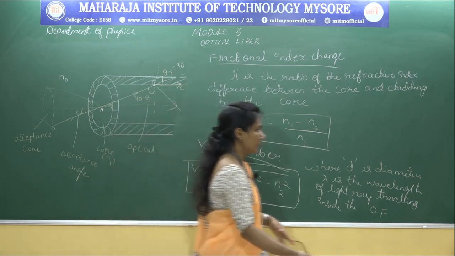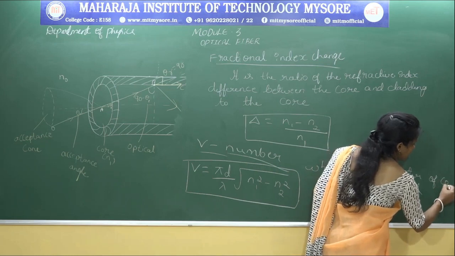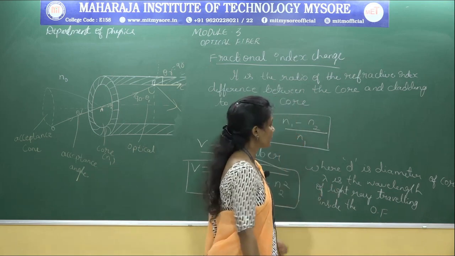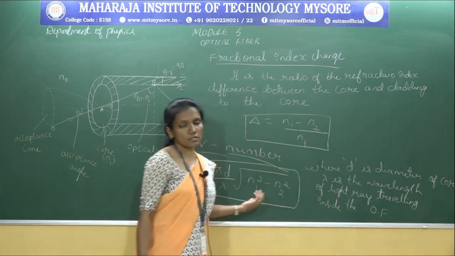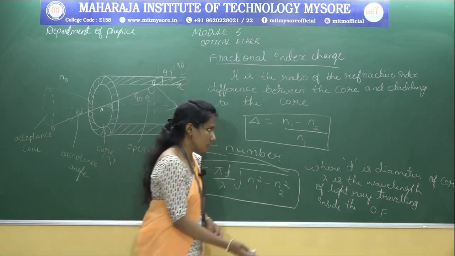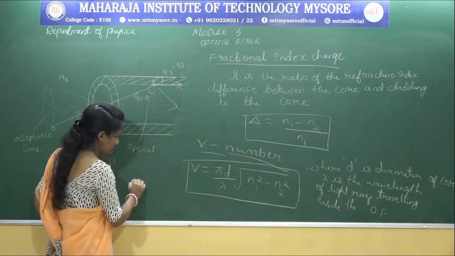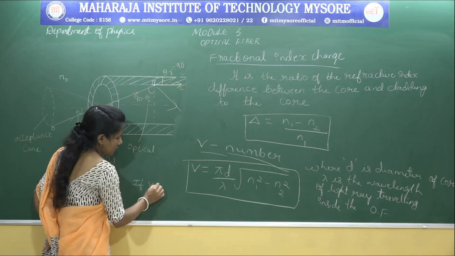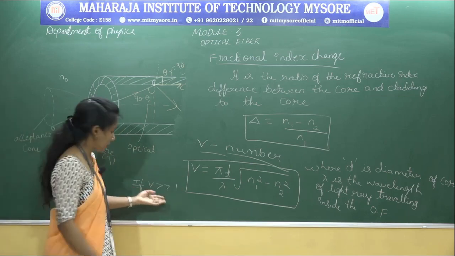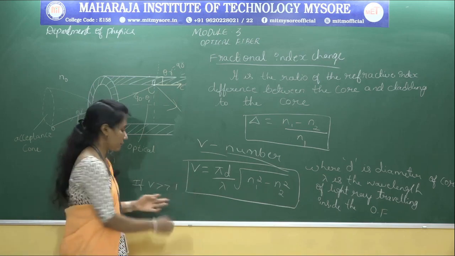Here d is the diameter of the core, because it depends mainly on the core diameter, lambda is the wavelength of the light propagating inside, and n1 and n2 are the refractive indices of the core and cladding. Suppose V is very much greater than 1.